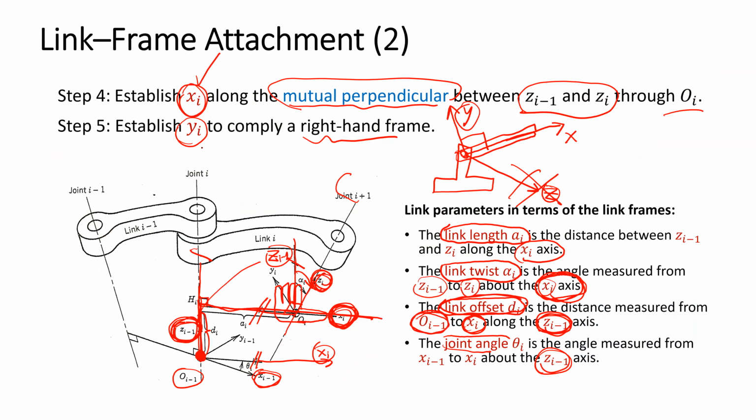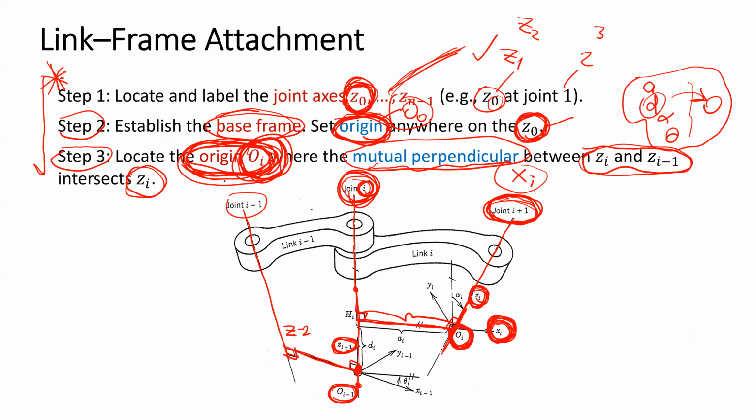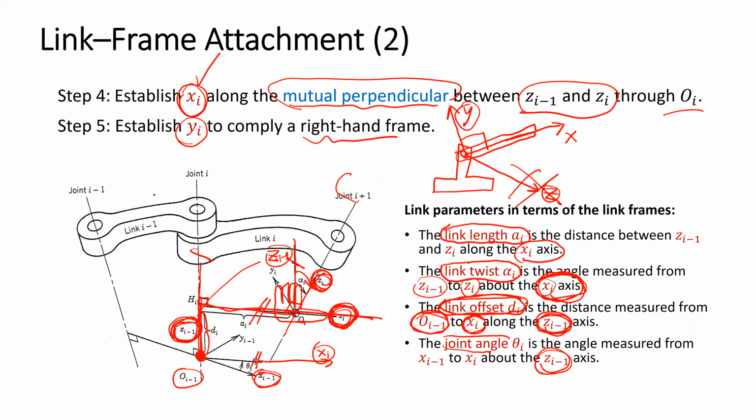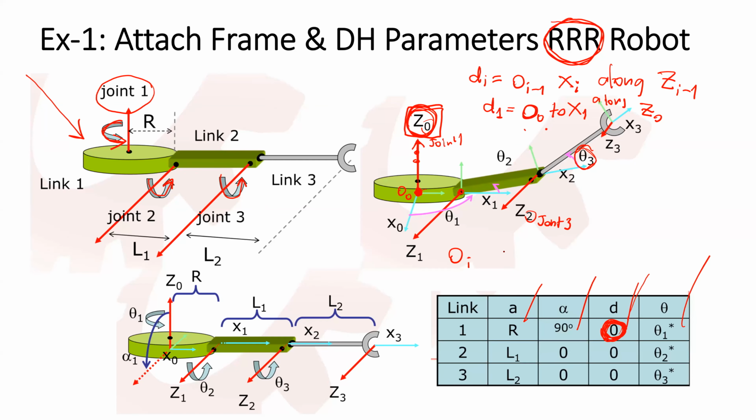Again, the origin of a frame which is not the base frame is the position where the mutual perpendicular between Z(i-1) and Zi intersects with Zi.